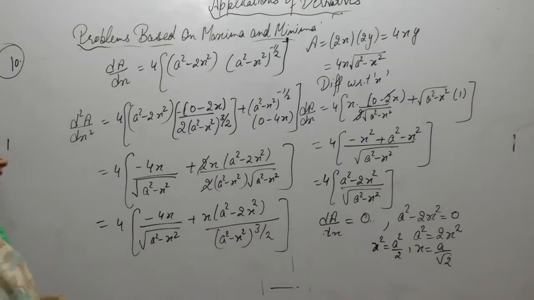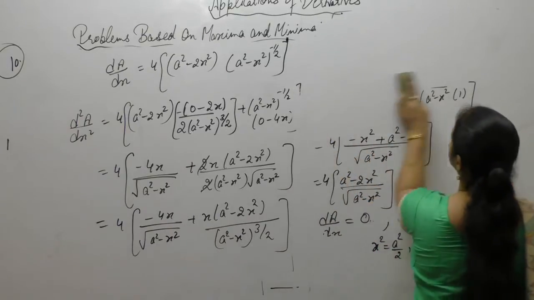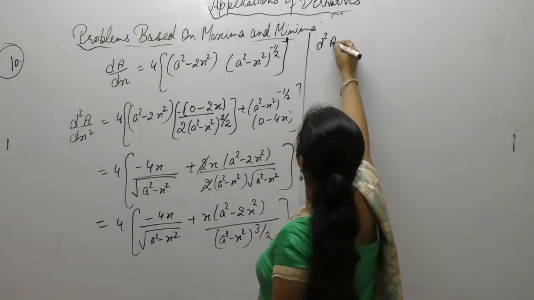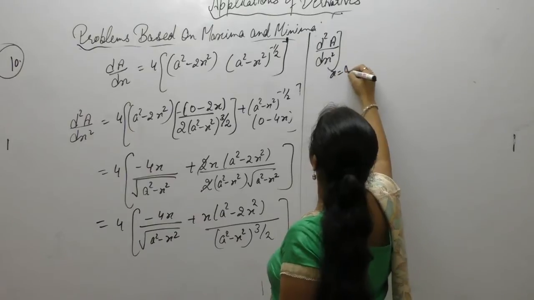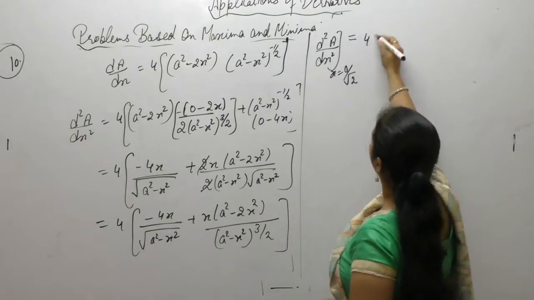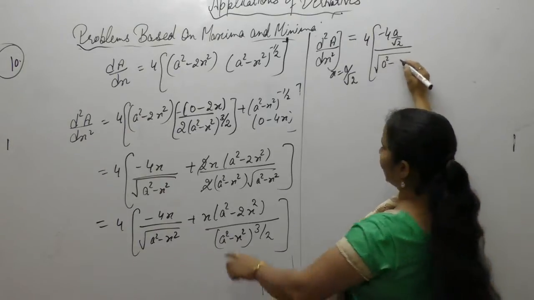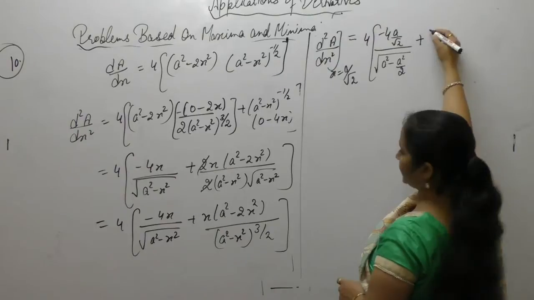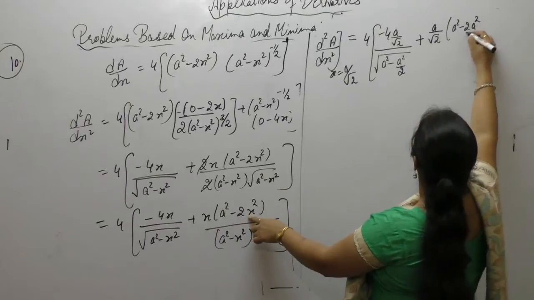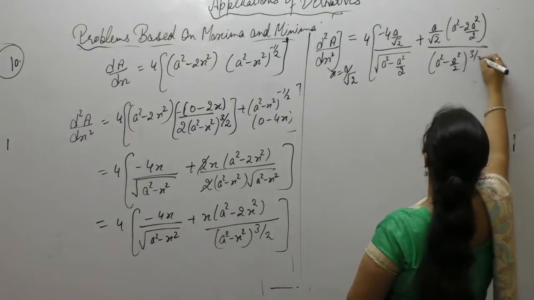Now we have to find the value of the second derivative at the point x is equal to a by root 2. d square A upon dx square at x is equal to a upon root 2. Find the value. 4 minus 4x, x is a upon root 2. X square, a square by 2, plus x is a upon root 2, a square by 2 upon a square minus a square by 2 power 3 by 2.